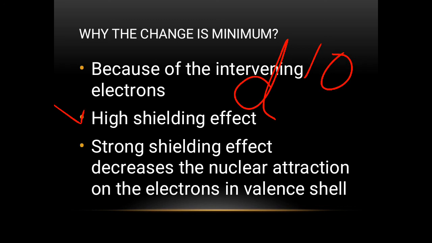Now this screening effect is in fact electron-electron repulsion, and due to this repulsion, the nuclear attraction on the outermost electron becomes weaker. That's why the atomic radii do not decrease to the expected values.